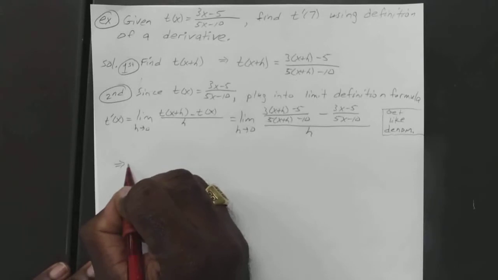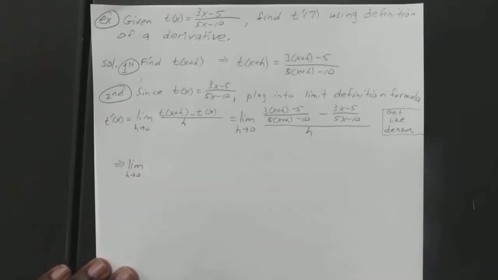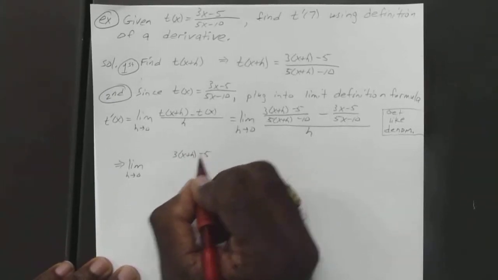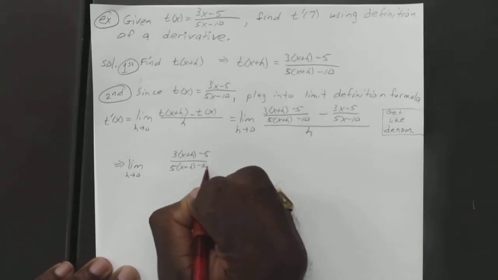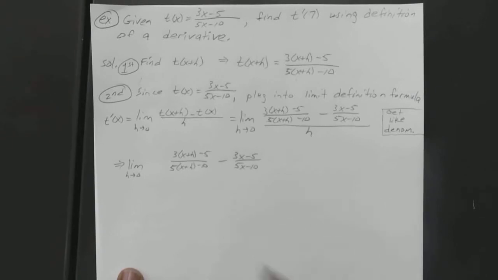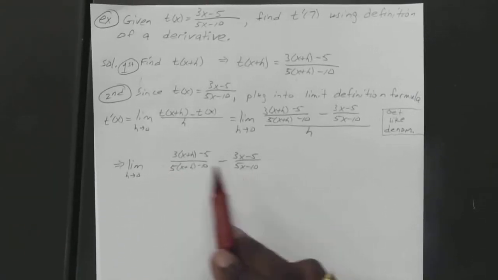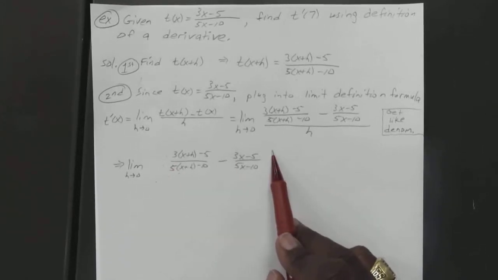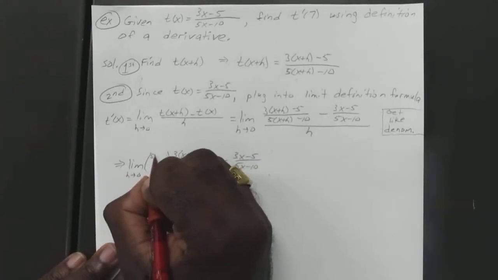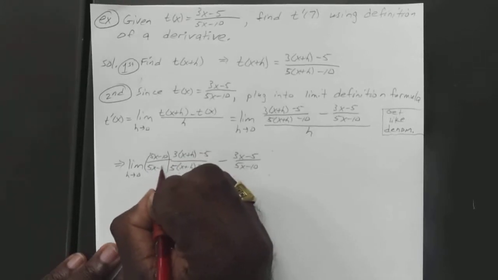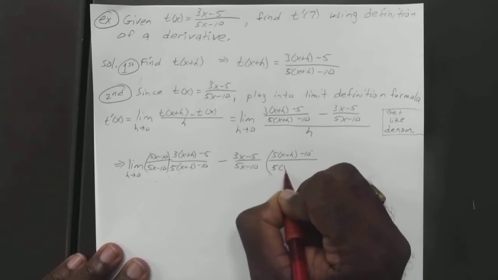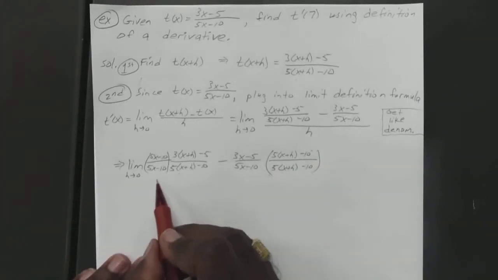So if you have the limit as h approaches 0 of 3 times x plus h minus 5 over 5 times x plus h minus 10, minus 3x minus 5 over 5x minus 10, to get like denominators, you multiply the first one by 5x minus 10 over 5x minus 10, and the second one by 5 times x plus h minus 10 over 5 times x plus h minus 10, all over h. Hence why I left a little bit of room.